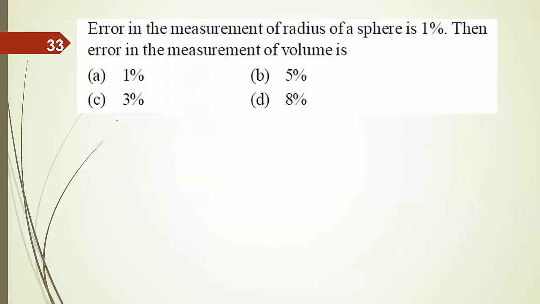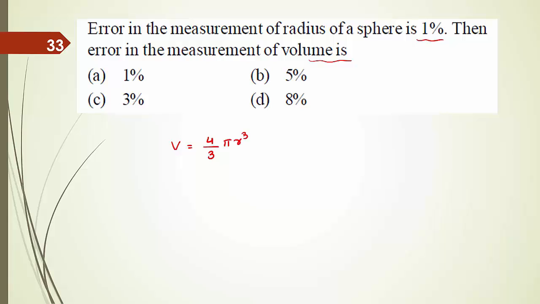Question 33. Error in measurement of radius of a sphere is 1%. Then the error in the measurement of volume is. Here the error in radius is given as 1%. We have to calculate the error in the measurement of volume. The volume of a sphere is given by the equation V equals 4 by 3 pi r cube.